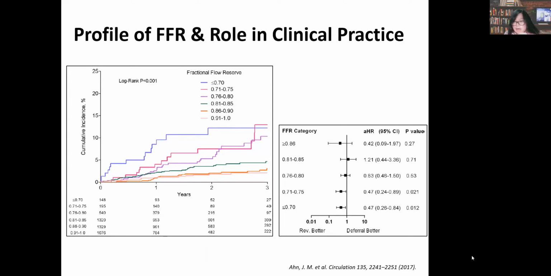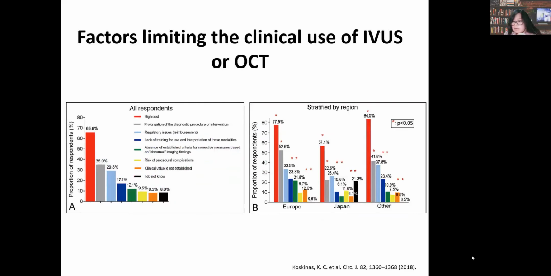The lower the cutoff value of FFR, the worse the incidence of MACE in deferred lesions. IVUS, OCT, and FFR are the main intracoronary examination modalities for implantation of coronary stents nowadays in the cardiac catheterization laboratory.